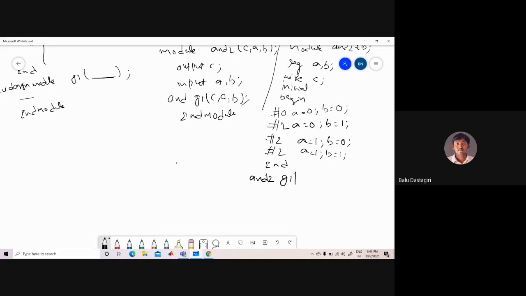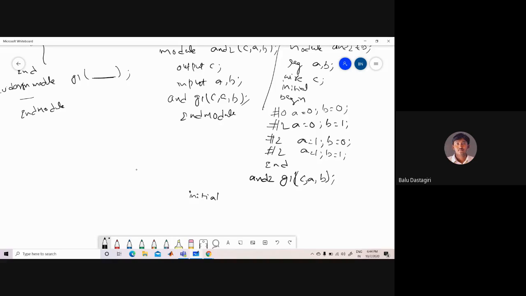Any label name, this label name is optional here also, and then the list of port names as it is. How we have listed the port names in the main module, we have to list them as it is here. After listing the port names, we have to specify up to which time we want to simulate.